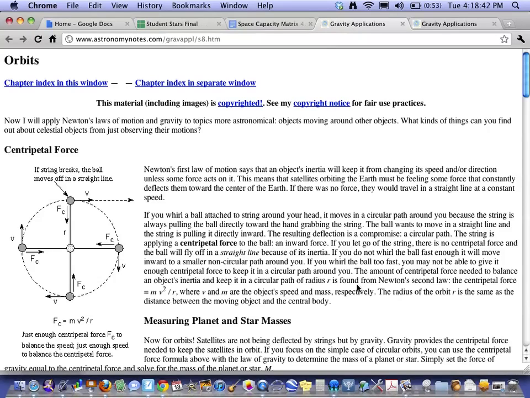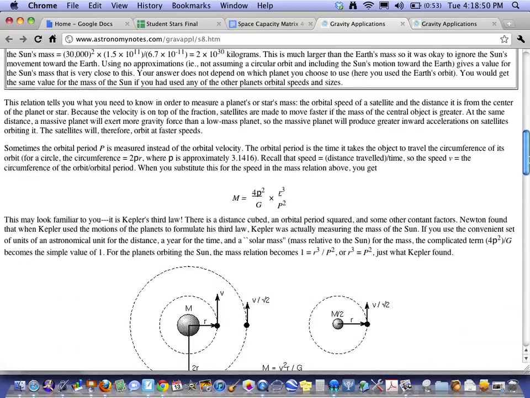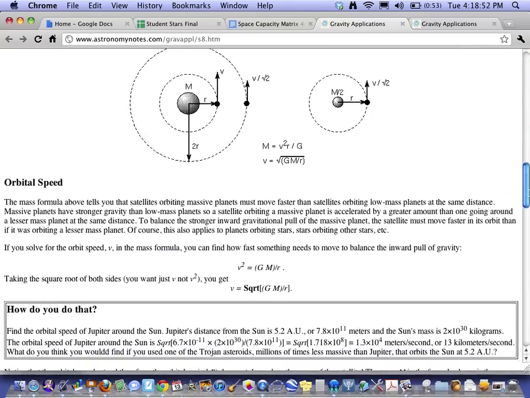When I go to the link, I'm going to scroll down. What I'm looking for, again, is what was in that leftmost column. I'm looking for the orbital speed. So if I scroll down far enough, I'm going to get to this section that says orbital speed. And I'm going to take this equation that shows up there and paste it into my notebook, or you might just copy it into your notebook.